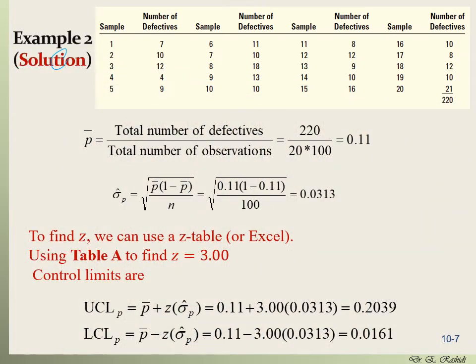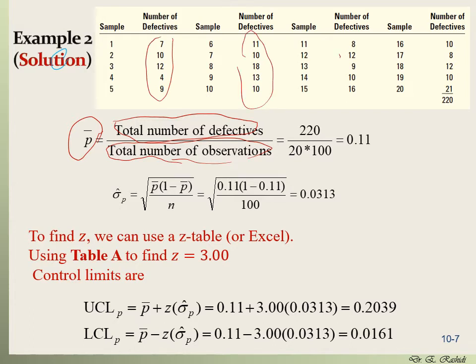Next, we compute the estimation for the proportion, or P bar. So P bar is going to be the total number of defectives in all of the samples that we have divided by total number of observations. How many defectives do we have? You need to sum up all these defectives from all 20 samples, and that's equal to 220.